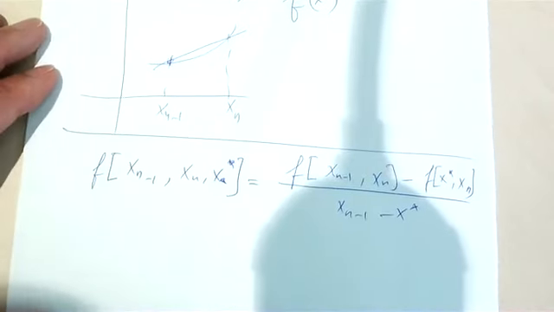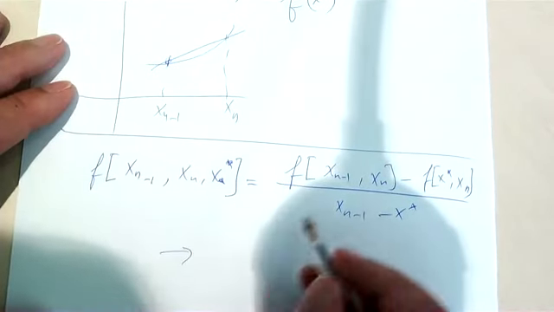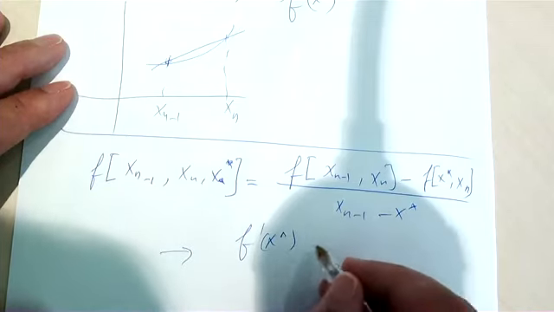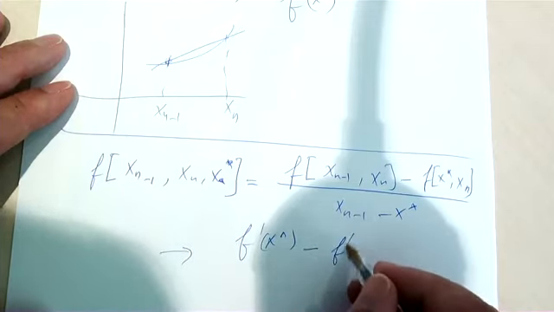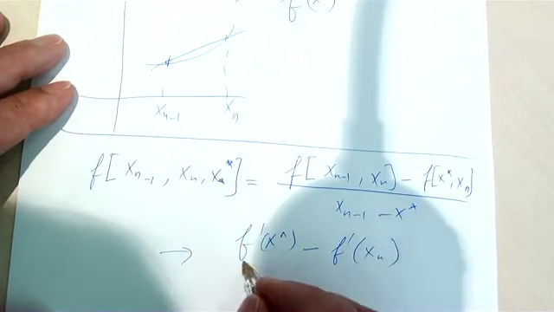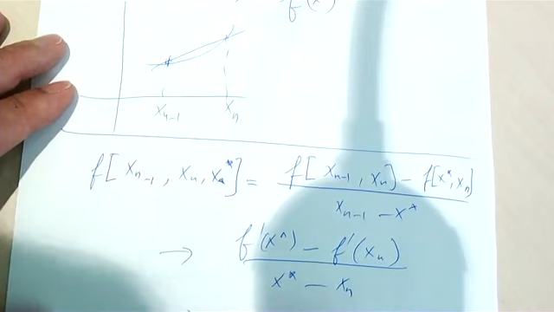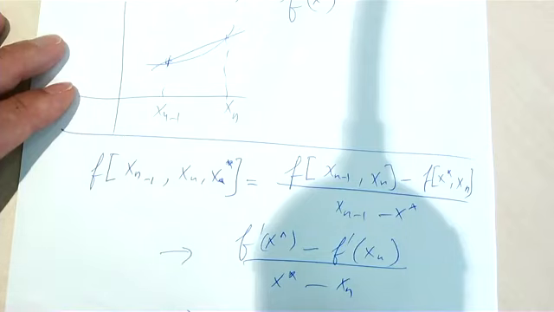And you see in the limit, this one goes to f prime of x star minus f prime xn over x star minus xn. And then in the limit this one goes to f double prime x star, right? So over 1/2.